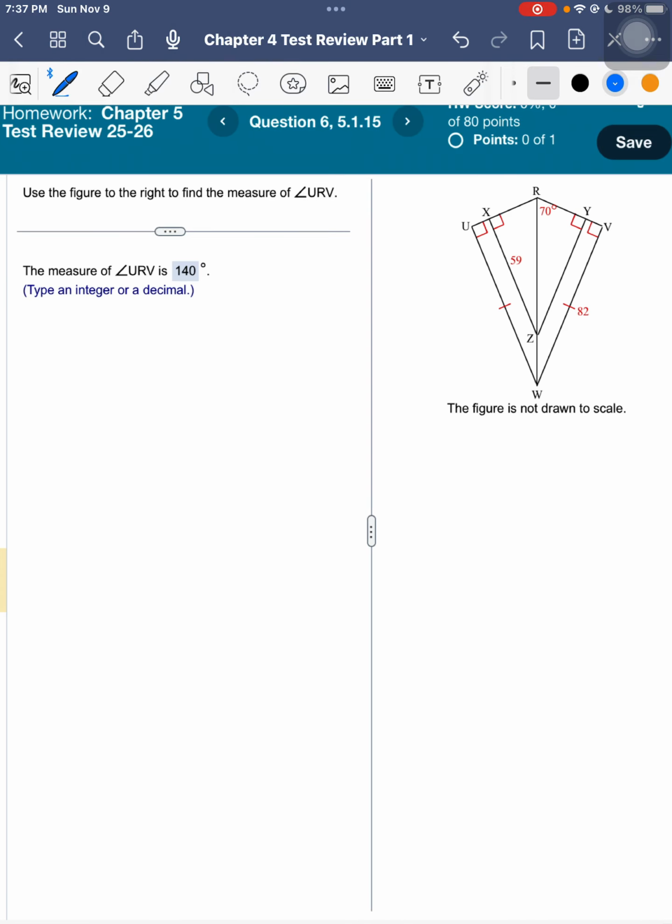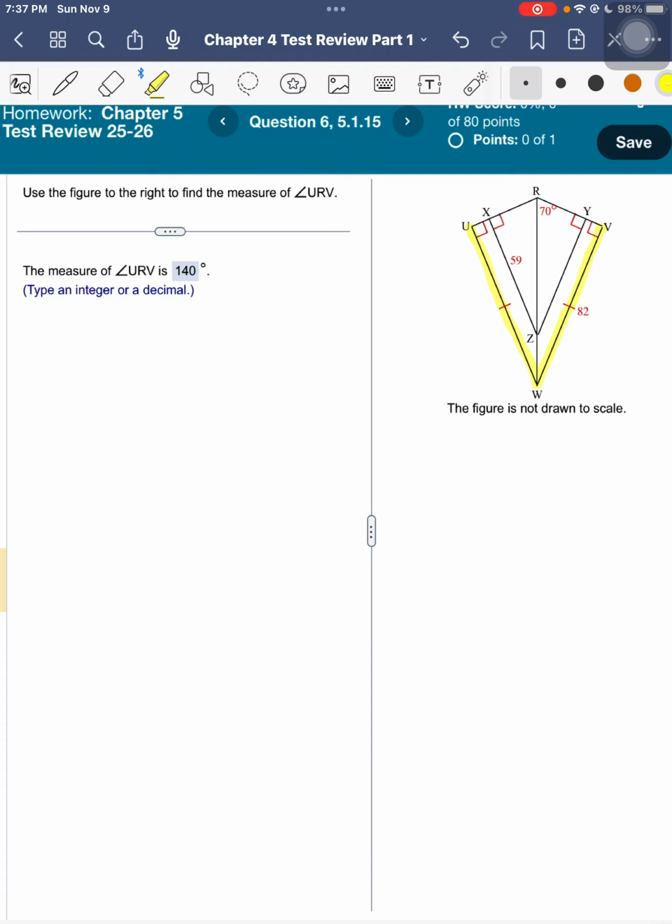Okay. The reason I don't like this question, URV, they want us to know that this angle UWV is an angle that is being bisected.